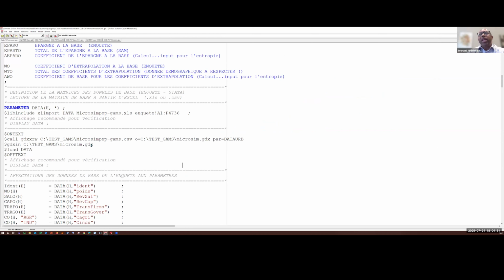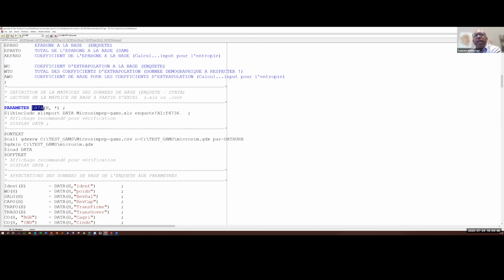And here, I give you two methods to import data in GAMS. When we are using GAMS, we can import data with $lib include XL import.